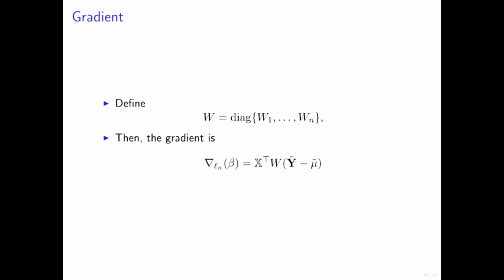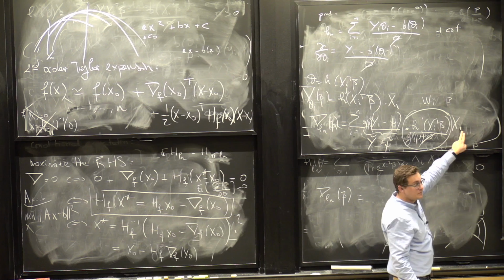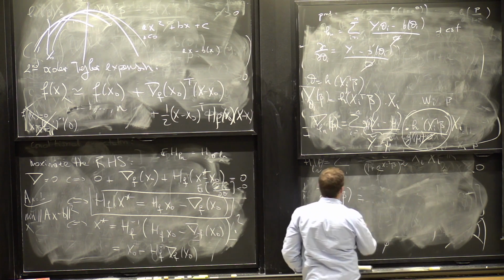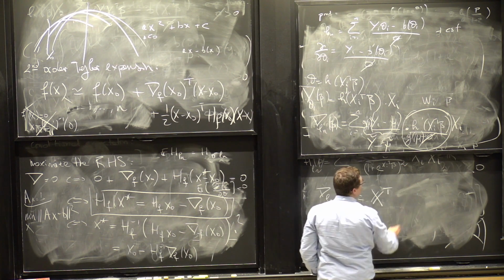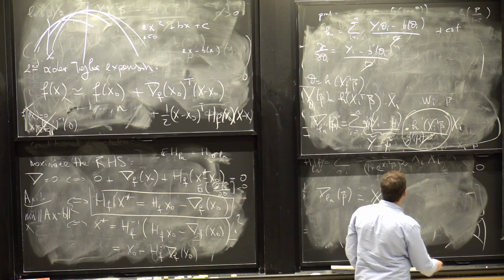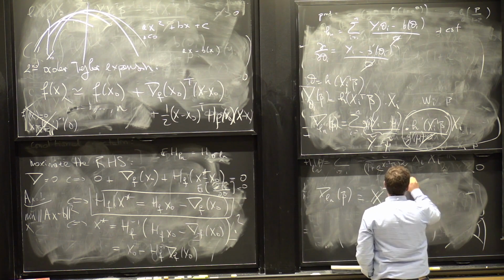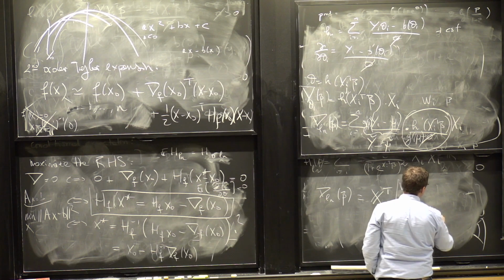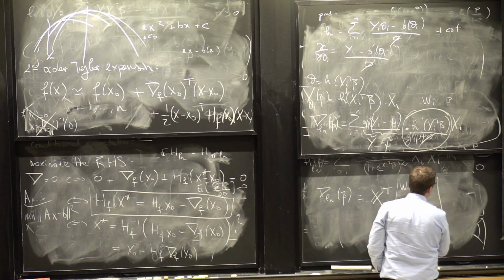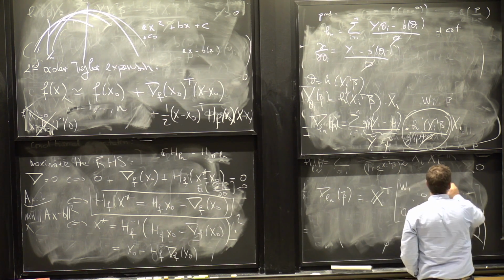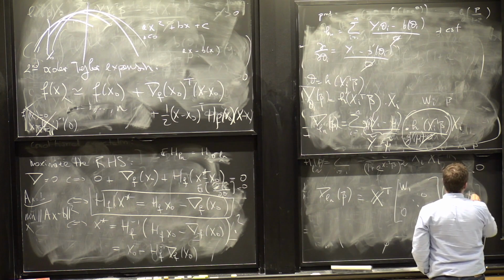Well, I'm going to write it in matrix form. I have the sum over i of something multiplied by xi. So I'm going to write it as X transpose, then this matrix W1, ..., Wn, and 0 elsewhere. And then I'm going to have my y tilde minus mu.